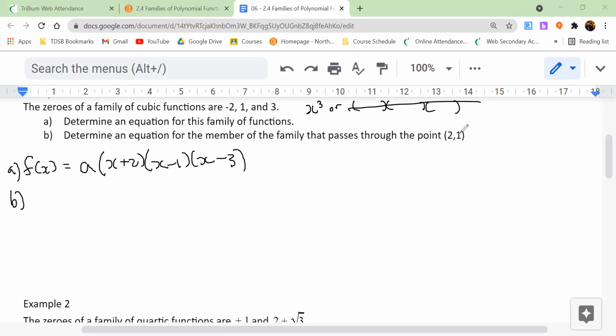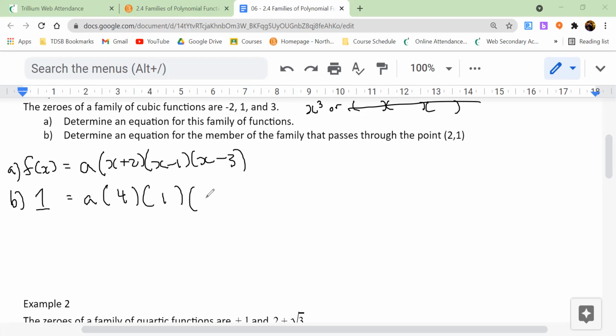Essentially, when x equals 2, the y value equals 1. So you could plug in 2 here and write f of 2. But I know what you're doing, right? All you have to do is give me the y value is a 1, and the x value is a 2, 2, and 2. I'm too lazy to write it all out, so I will do my mental math. You can do that too on a test, okay? 2 plus 2 is 4. 2 minus 1 is 1.